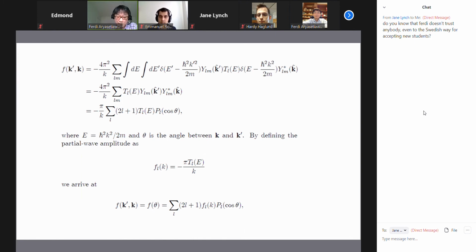So we are just left with one sum over LM. And we have this T_L, which depends on the system, depends on the scattering potential. So the delta functions can then just be integrated. That's quite simple.